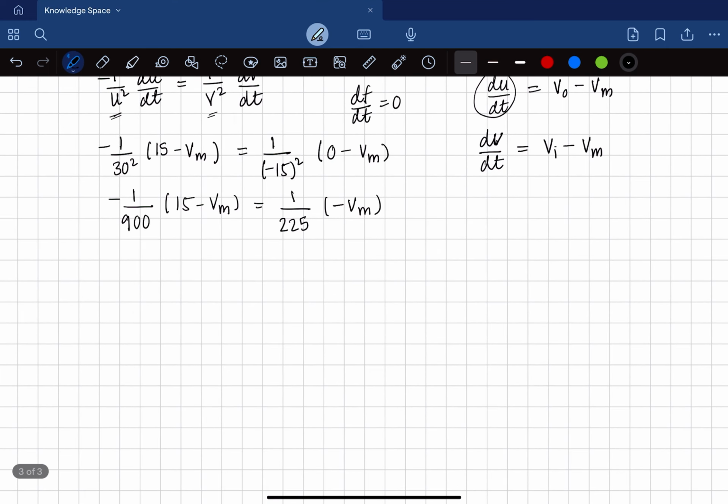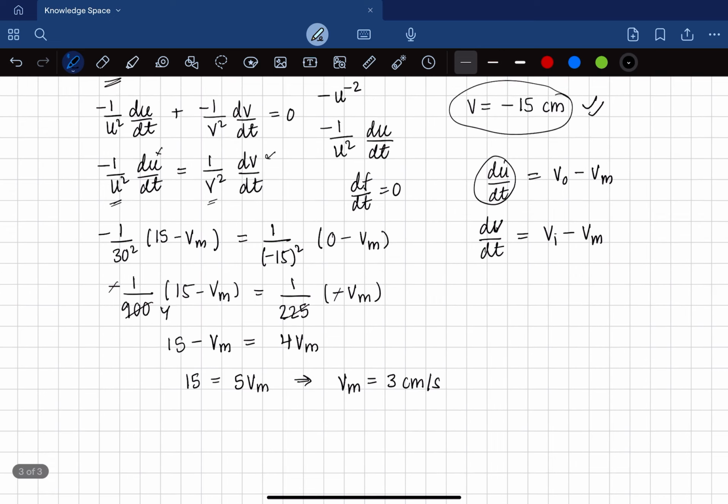I'll just simplify this. So we finally get that Vm is 3 centimeters per second.